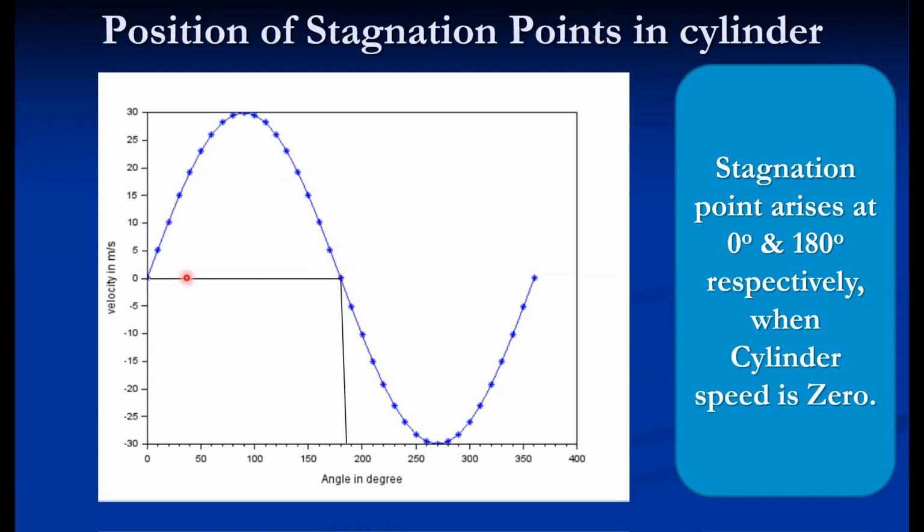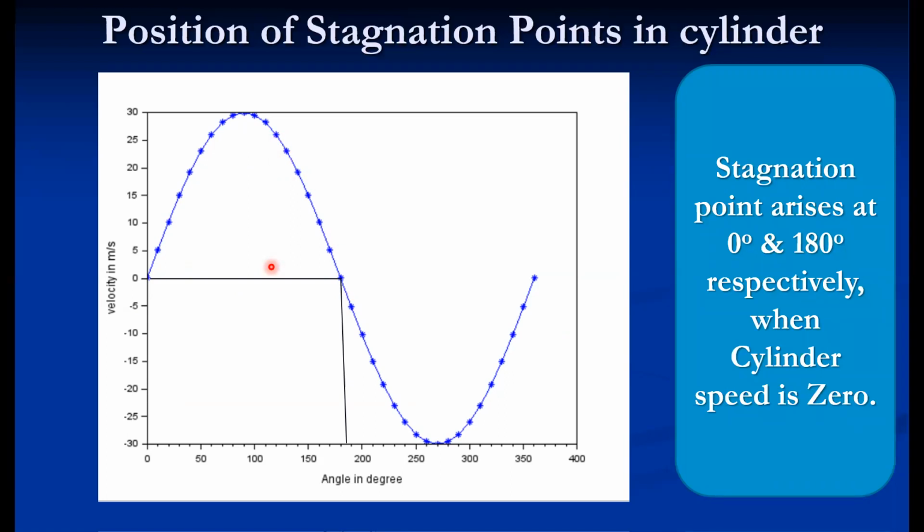So such kind of variation we can easily analyze using a Scilab program. This is a simple Scilab program, but even though it's simple, we get the variation at each and every point on the cylinder.